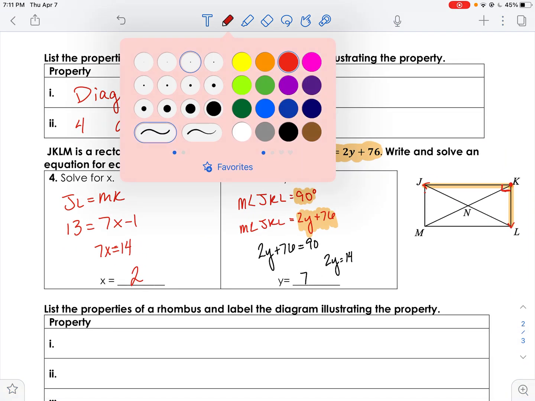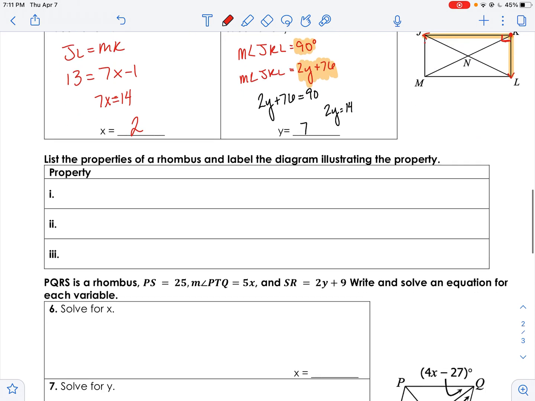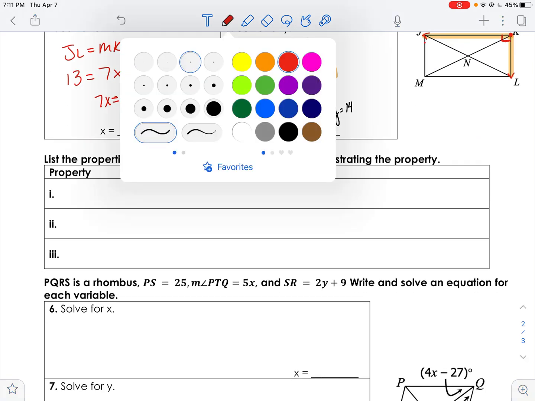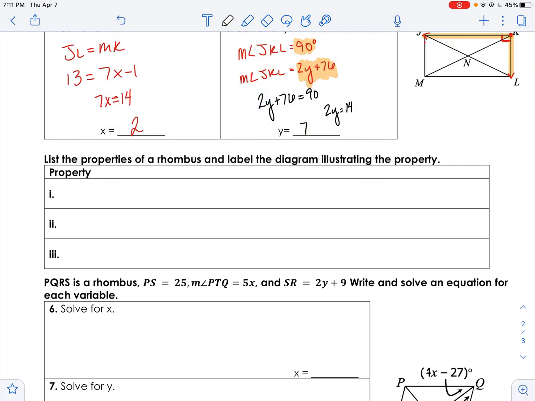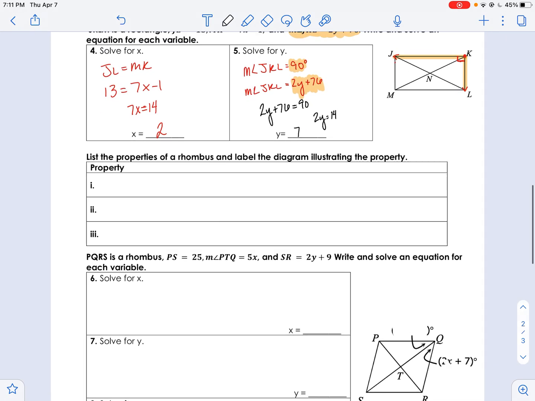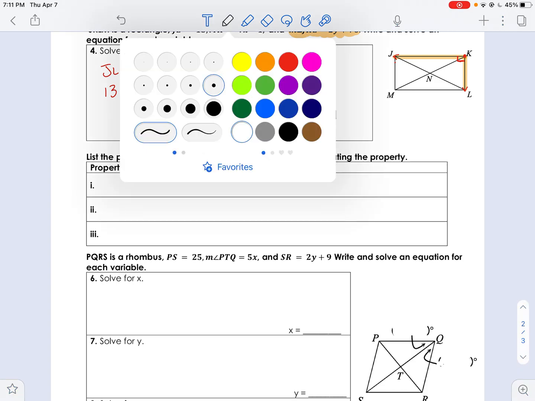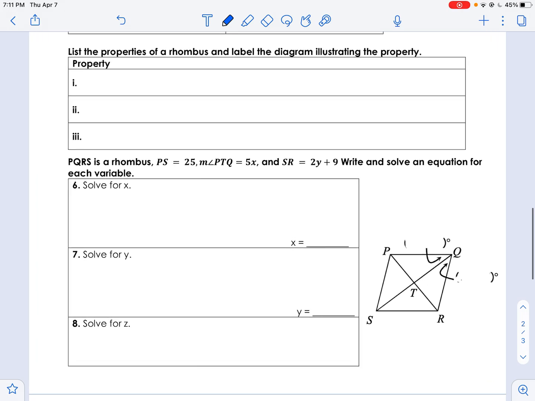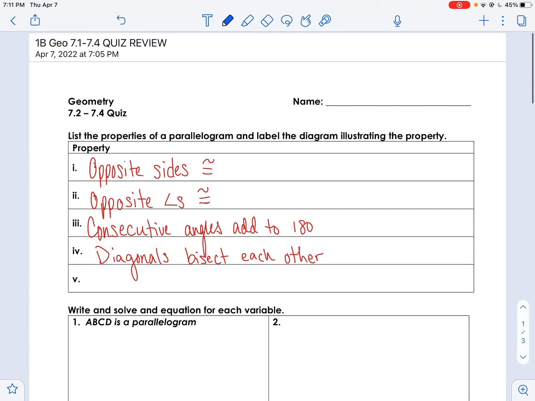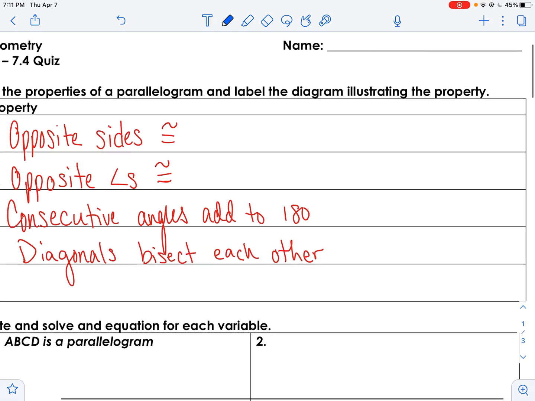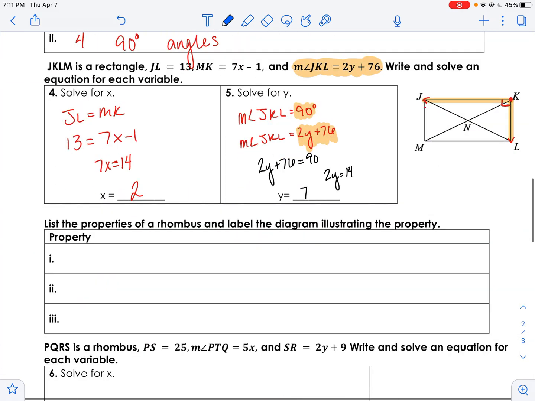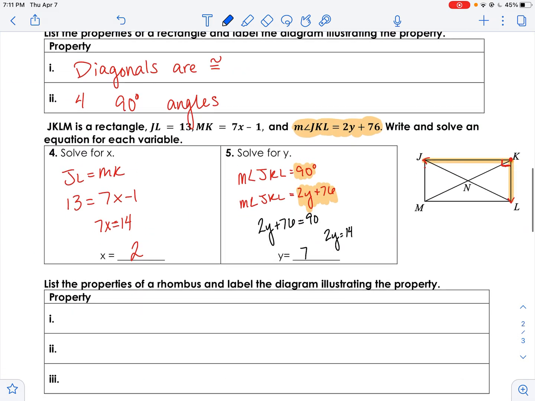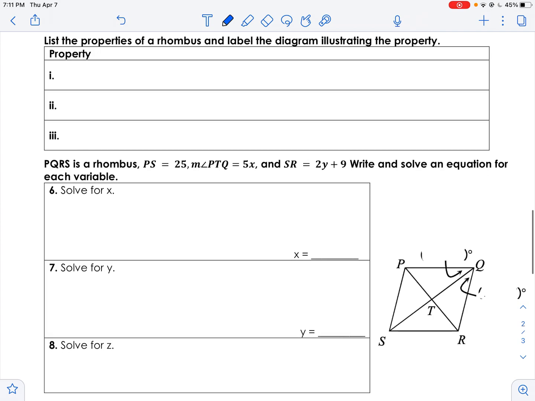And our last problem here, problem 6, that we're going to talk about on our video. We're going to take a look at rhombuses. Now, rhombuses have all the properties that we listed for our parallelograms. So these properties still fit for a rhombus. The extra rhombus properties are that you have 4 equal sides.